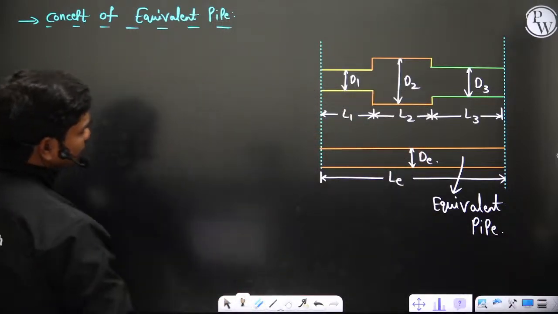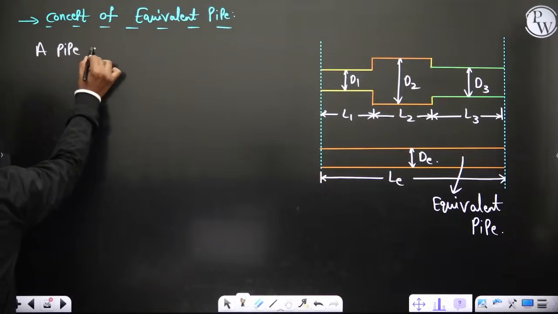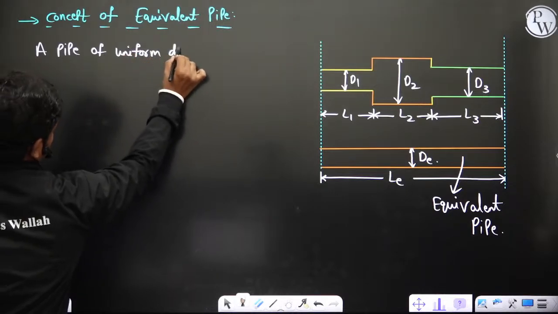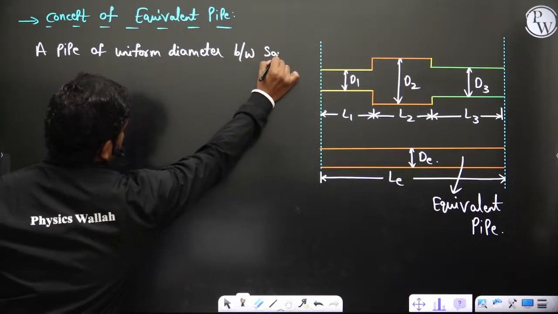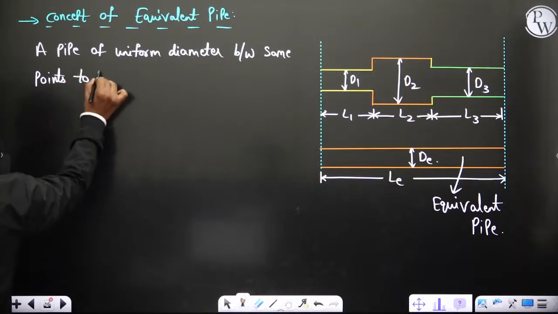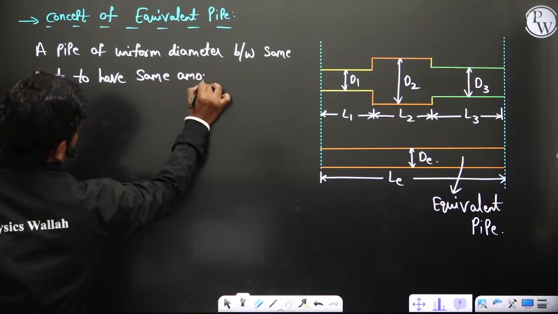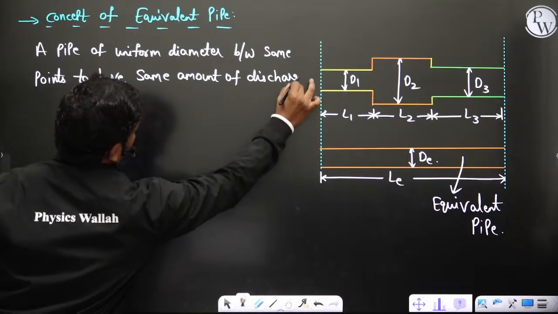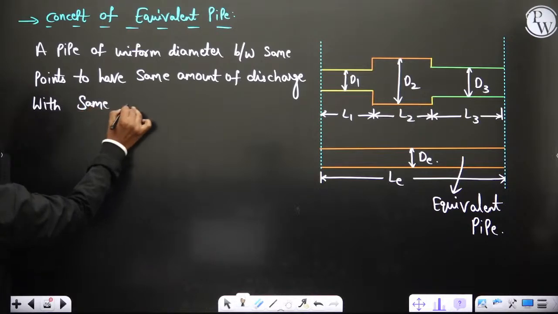Now, if you see, an equivalent pipe is a pipe of uniform diameter between the same points to have the same amount of discharge with the same amount of losses.